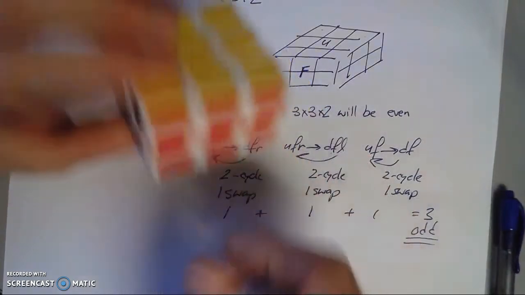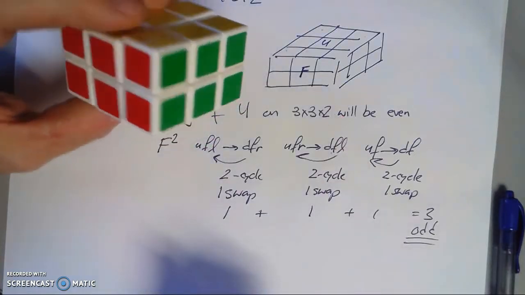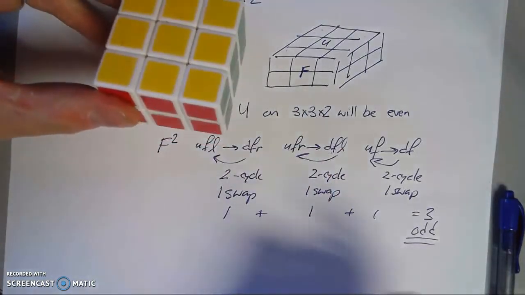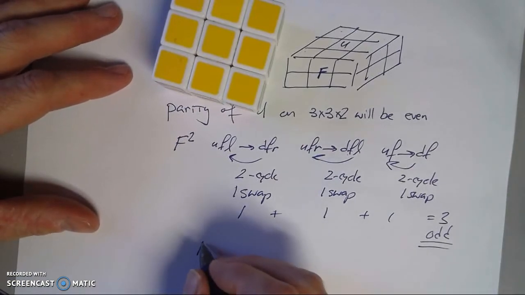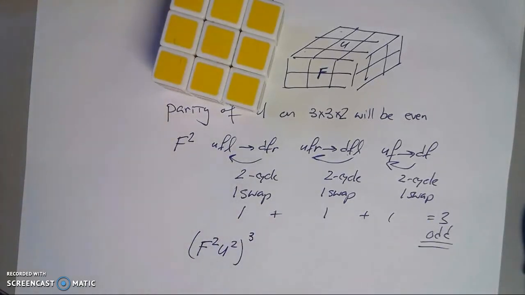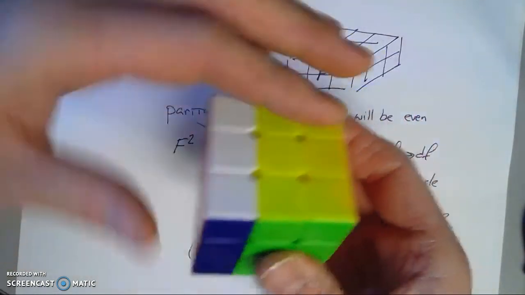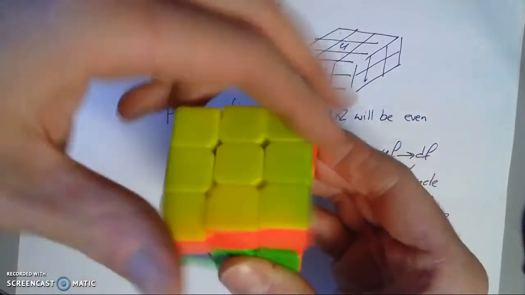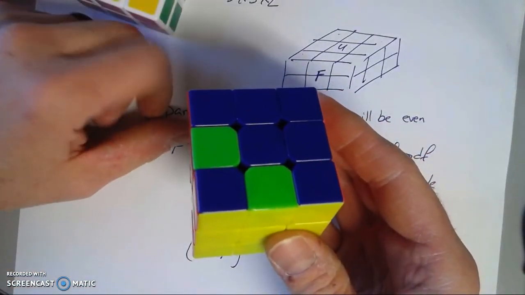All right? So the side faces have odd permutation, whereas the top and the bottom have even permutation. So when you combine them, you can get odd permutations. Here's an example. If I do F squared U squared 3 times, if I go back to the ordinary Rubik's Cube, I do F squared U squared F squared U squared F squared U squared, I'll end up with a pair of 2 cycles, which is legit.